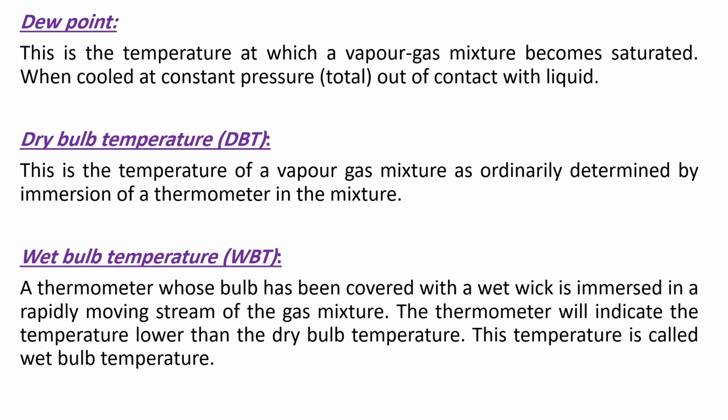Because the bulb is covered by a wet cloth, the temperature will be lower because the wet cloth will cool down this thermometer. So when we are cooling things, we're decreasing their temperature. That's why it is lower than dry bulb temperature.